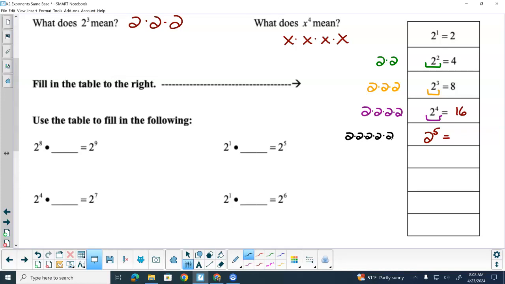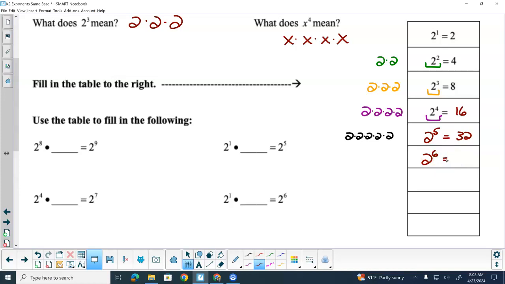What do we got, Cor? 2 to the 5th power. 2 caret 5 equals 32. Two to the 6th power. 64.